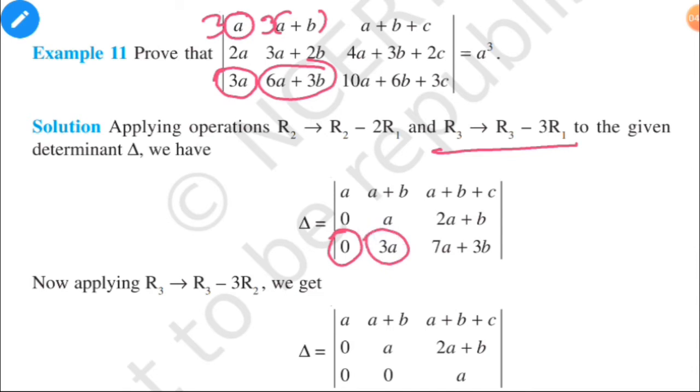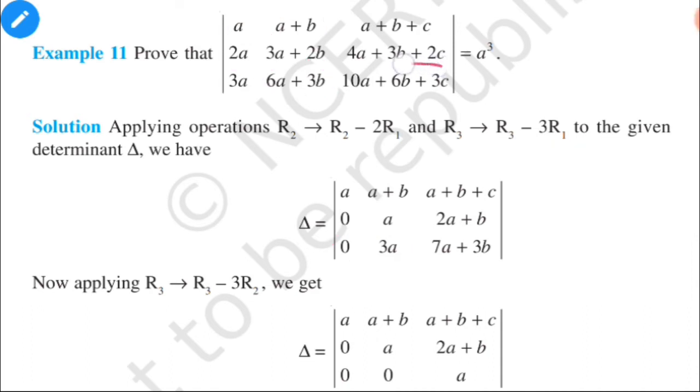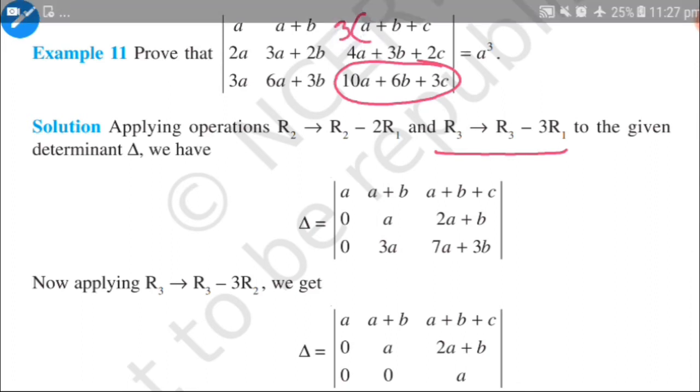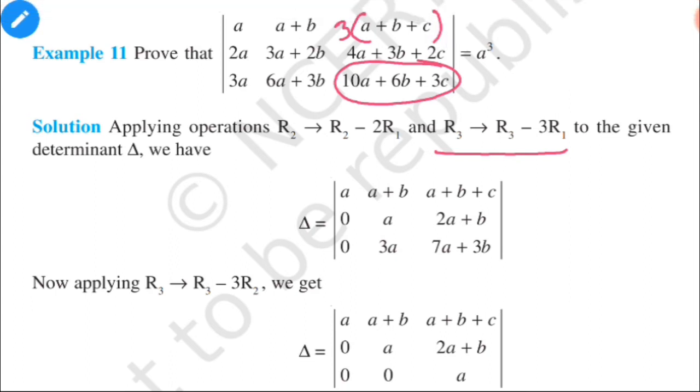Now how to find the third element? Here R3 is 10a plus 6b plus 3c. We have the operation R3 changes to R3 minus 3R1. So 10a plus 6b plus 3c minus 3 into a plus b plus c is equal to 7a plus 3b.